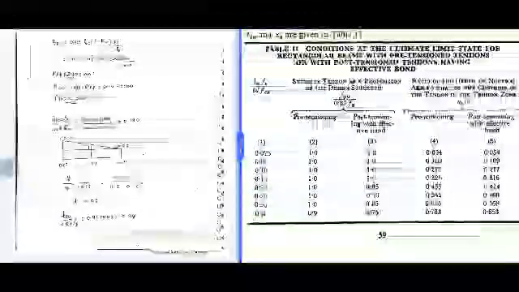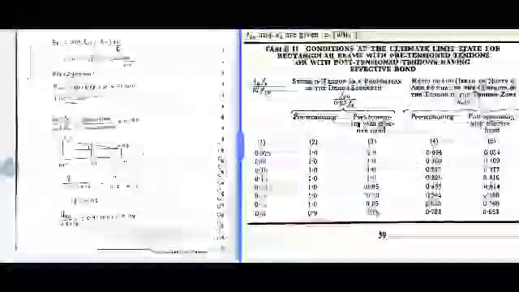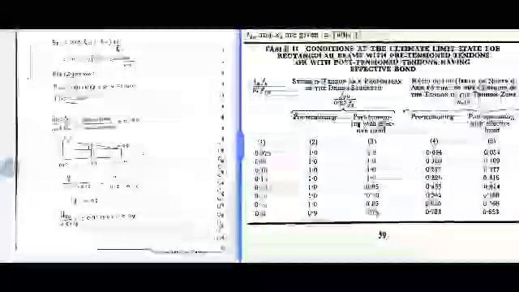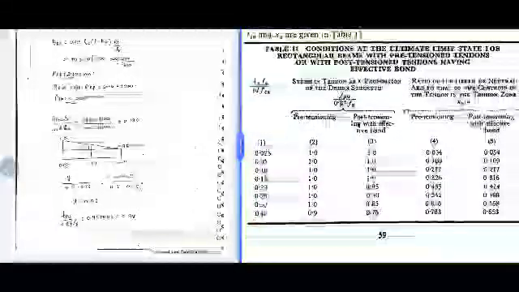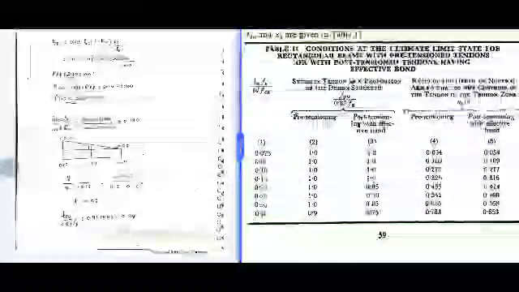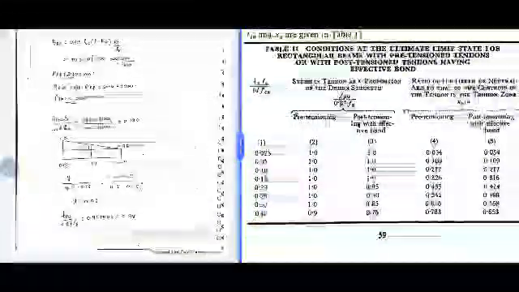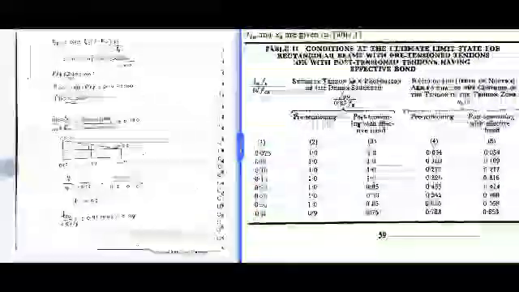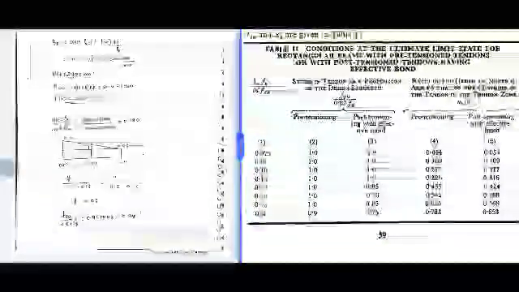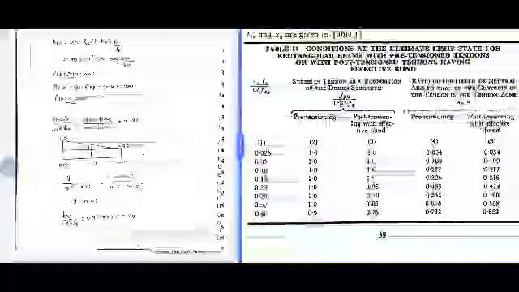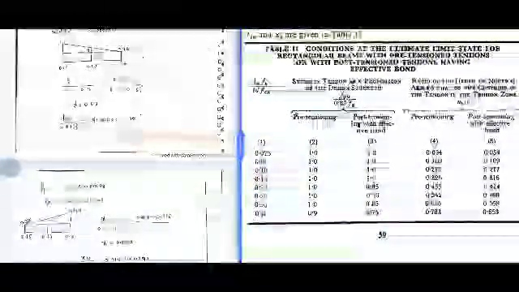For 0.15 for post tension it is 1.0, and for 0.20 it is 0.95. Remember, it is post tension member. On interpolating, for 0.17 we will get 0.98. On simplifying, we will get FPU as 1364.16 Newton per mm square.